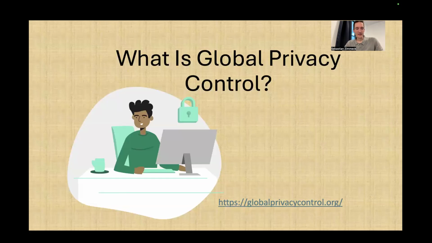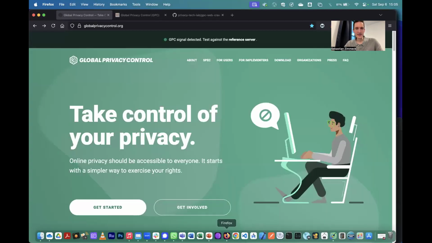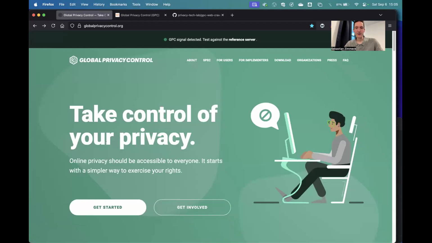Now, what is global privacy control? Let's look a little bit more into the details. You can go to the globalprivacycontrol.org page. If we do that, then we have information for users as well as for implementers. The basic idea is that as an implementer, you want to check whether a user is sending you GPC headers or whether the browser has enabled GPC.